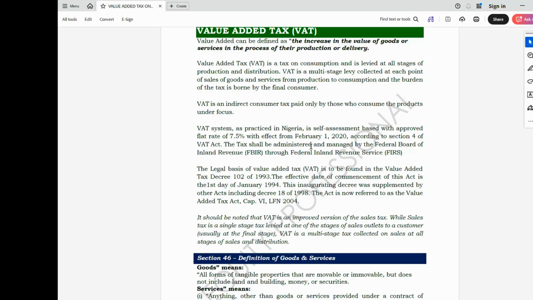It is collected only by the Federal Inland Revenue Service, which, after collecting, shares it in a ratio that is distributed to the various arms of government. So it is governed by the Value Added Tax Act, VAT Act, which is the legal basis governing the activity of the value added tax.